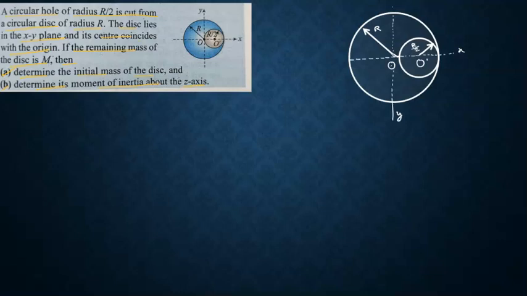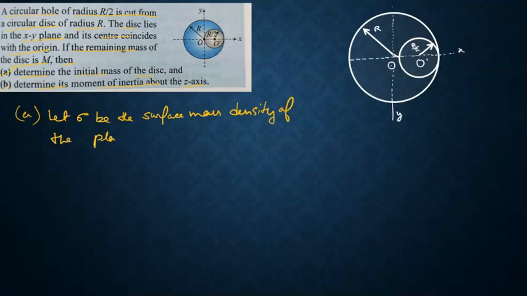So to find the initial mass, let sigma be the surface mass density of the plate, given by sigma equals m by pi r square minus pi r by 2 whole square.